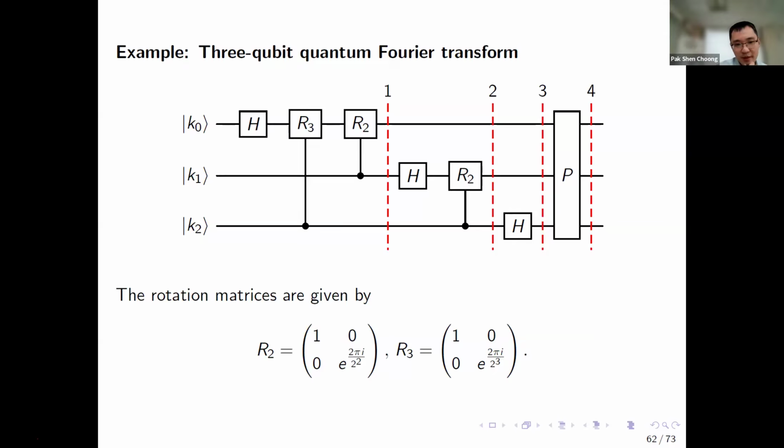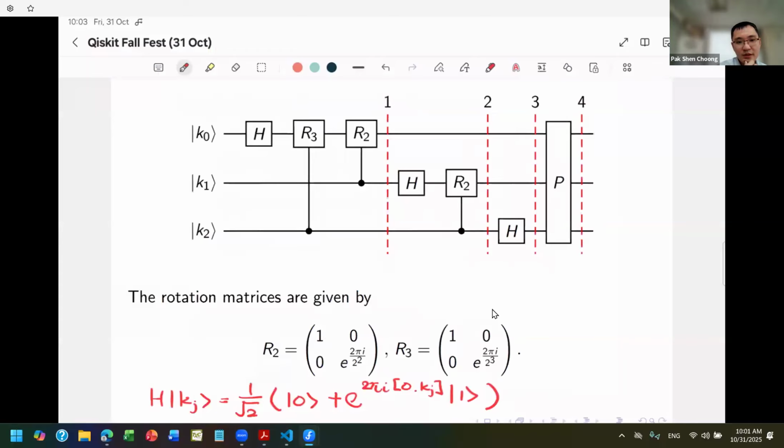So I switch to my tablet. You should be able to see this. What you really need is the rotations based on step 2, and how the Hadamard gate acts on Kj. Try to find out what the end result of step 2 and step 3 is.